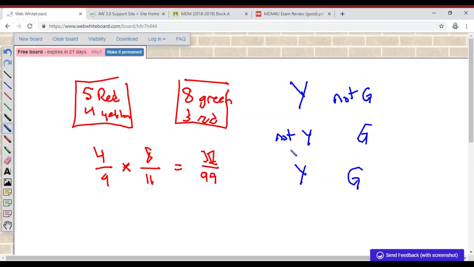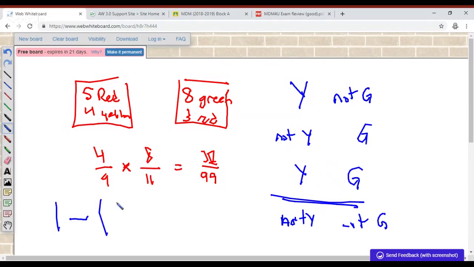But the only thing that I'm not happy with is not yellow and then not green. So in other words, the only thing I don't want is red ball, red ball. So I'm just going to calculate that probability and subtract it. So 5 out of 9 likelihood of getting red, 3 out of 11 likelihood of getting that. And so if I calculate that, I've got the probability of yellow on the first or green on the second.